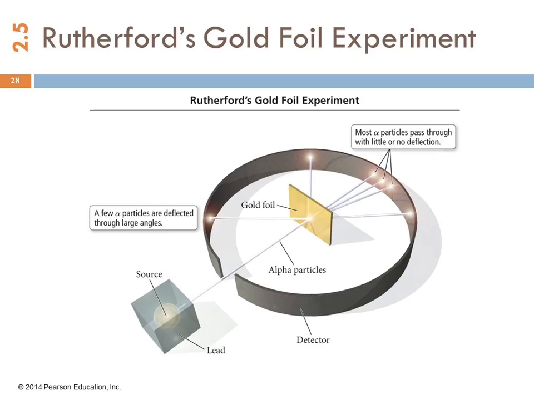So here's an illustration of his setup. Here he has this source of positive particles. They were actually helium nuclei. He shoots them through here at this piece of gold foil, and then he has a detector set up around it so that they could see where these particles went. And what happened is that most of the particles went straight through.